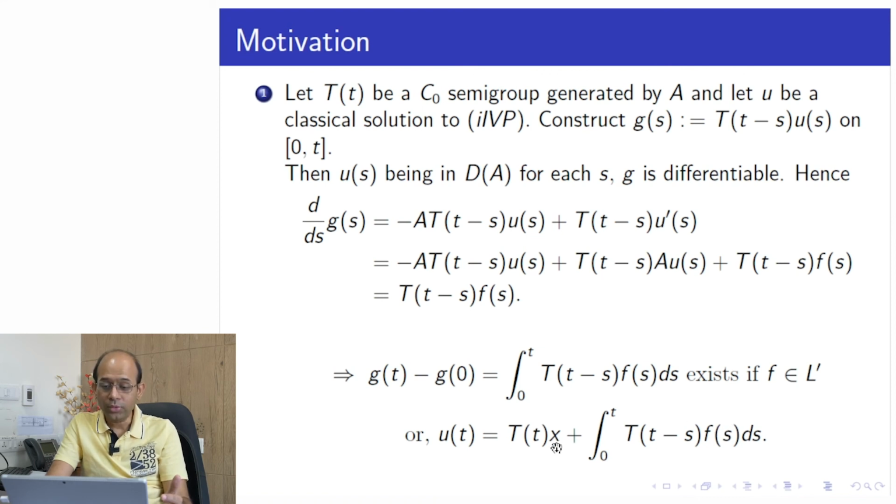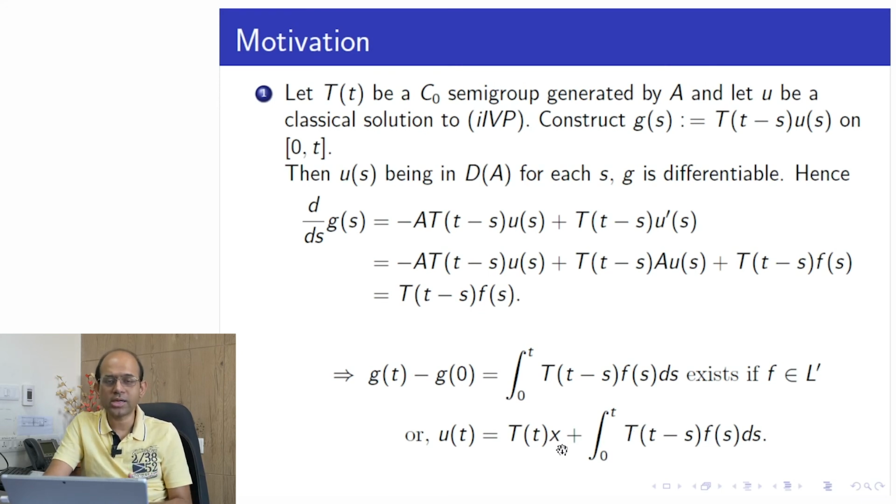But now if you look at this expression, it clearly appears that this is a generalization of the mild solutions that we have introduced for the homogeneous initial value problem where f was 0.